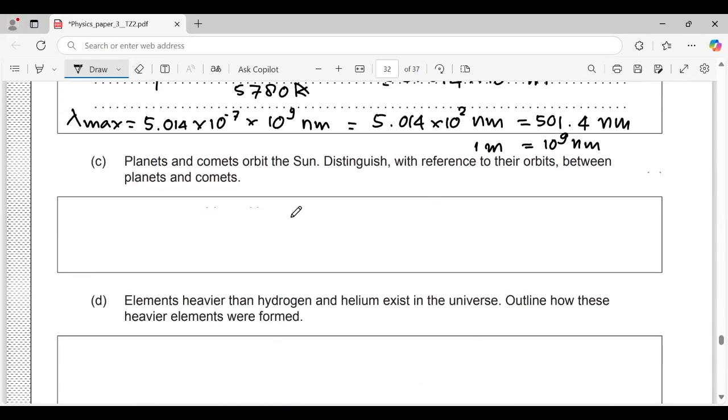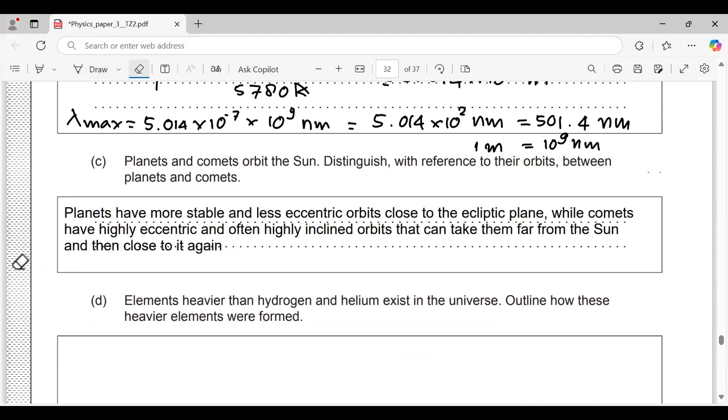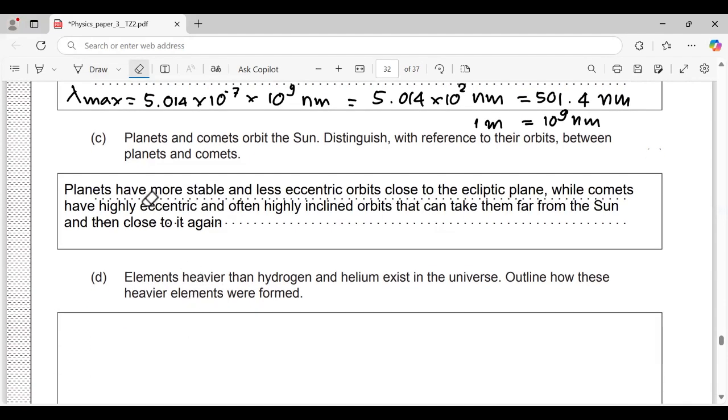How planets and comets orbit the sun is distinguished with reference to their orbits. I have provided my opinion about this question. Next: elements heavier than hydrogen and helium exist in the universe.